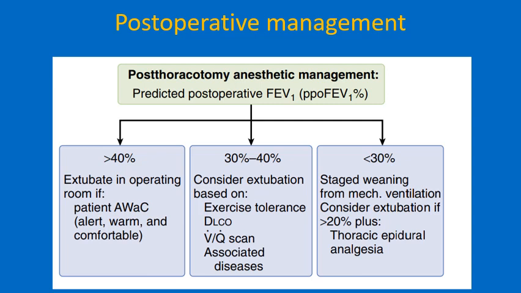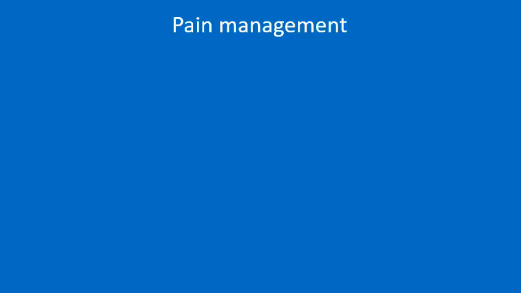When the predicted postoperative FEV1 is 30 to 40%, we have to consider extubation based upon other factors like DLCO, exercise tolerance, and ventilation perfusion scan. If it is less than 30%, then we have to go for staged weaning, and thoracic epidural anesthesia will also help in extubation in these patients.